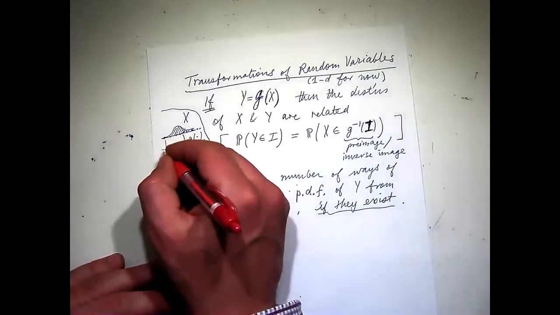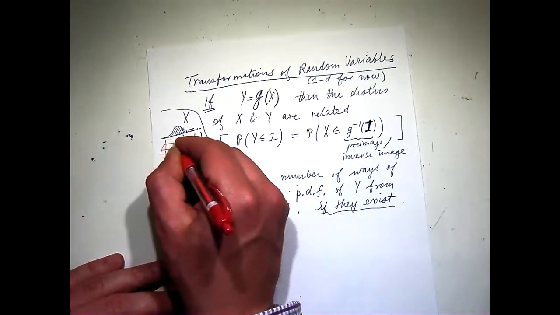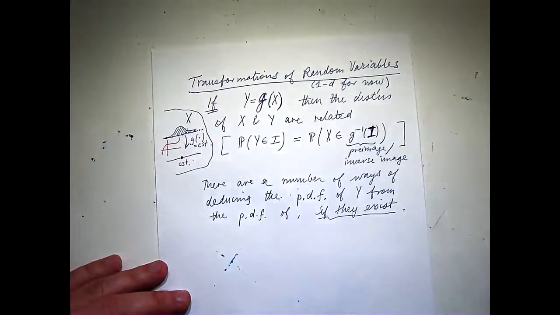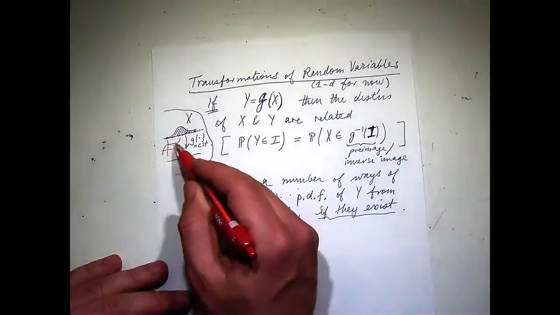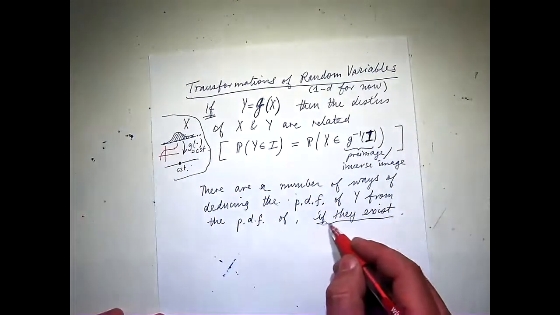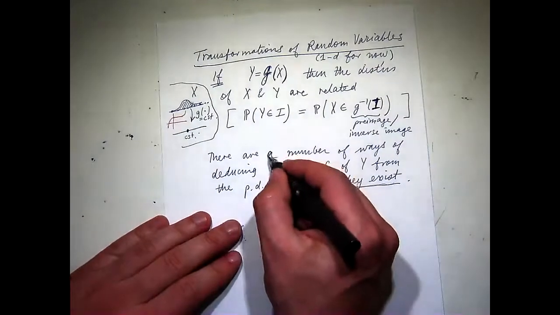It might not be the constant function, but it might just be constant for a bit of time. If your function is constant for a bit of time, then there's going to be a positive probability of lying at that point. So the point is, there's only certain functions g for which this will necessarily give you a fully continuous image y. But I can give a condition for that in one moment.